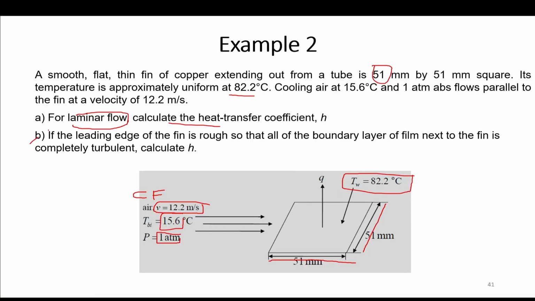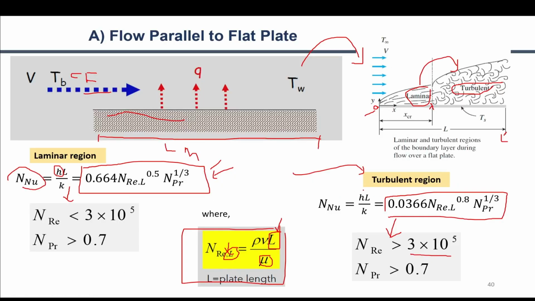In the second part, if the leading edge of the fin is rough, so that all of the boundary layer of the film next to the fin is completely turbulent, calculate h. When it says that the leading edge of the fin is rough, obviously the flow will transition from laminar to turbulent. So we will use this Nusselt correlation to find the h value.